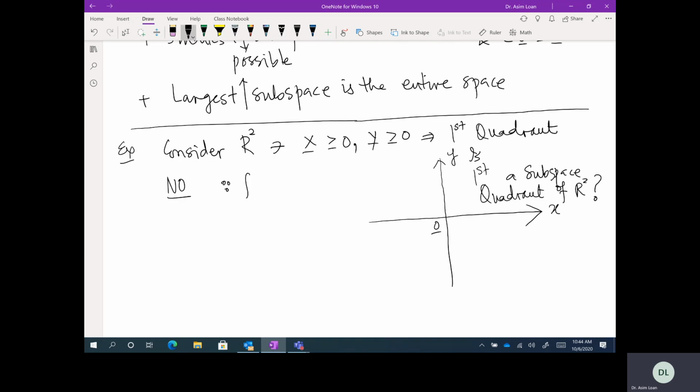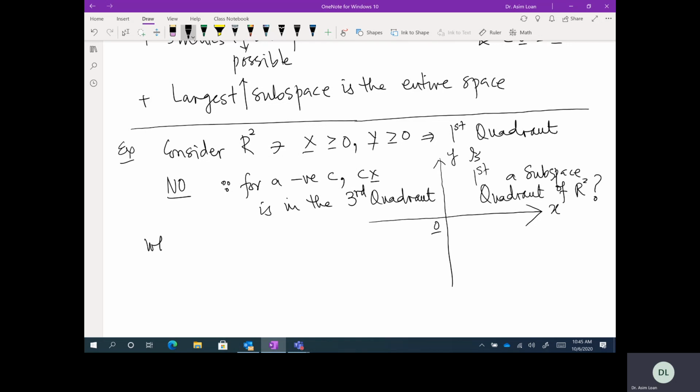Because for a negative C, C times x is definitely in the third quadrant.